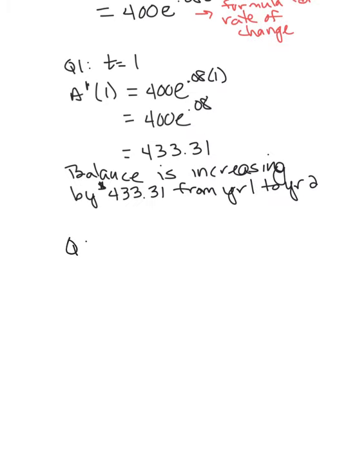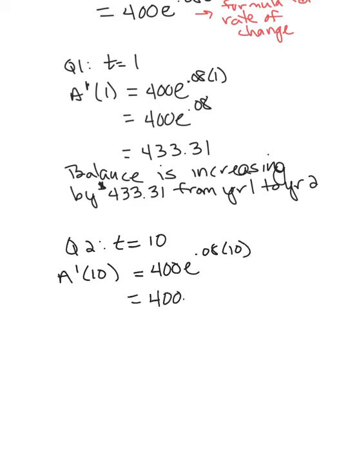Question 2 asks us to find the rate of change at t equals 10. So a prime at 10 will be 400 e to the 0.08 times 10, which is 400 e to the 0.8 power.